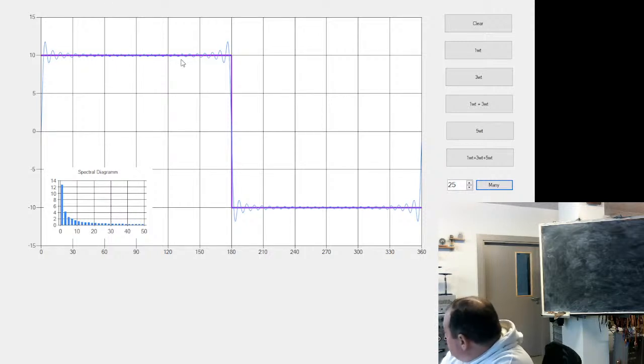The problem is this signal, when it goes up, what's the rate of change, the first derivative? We have an ideal rectangular signal. When it goes up, what is the rate of change? Infinity. And when it goes down, the rate of change is minus infinity. But sine and cosine, what's the first derivative of cosine?